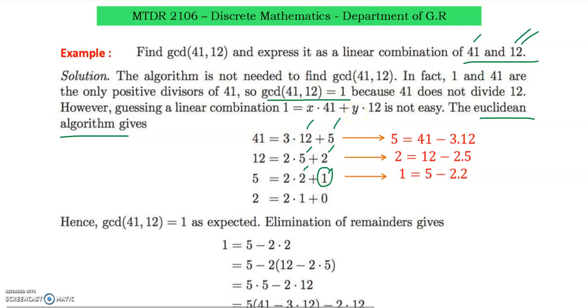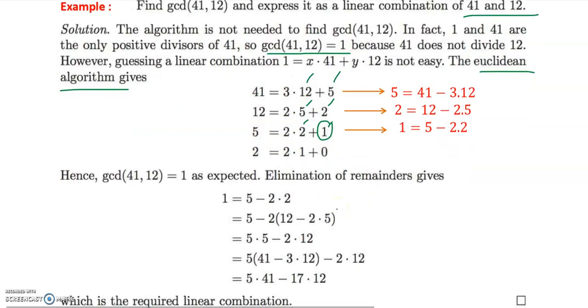But by applying the Euclidean algorithm, we can do the back substitution, and then we can write the GCD of 41 and 12 as a linear combination of 41 and 12. Let's see that. Here I can write the remainder 1 as 5 minus 2 multiplied by 2.